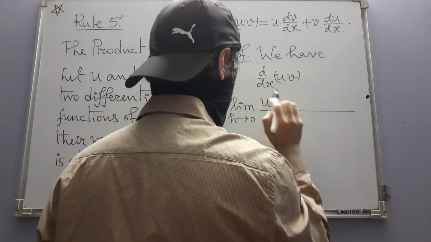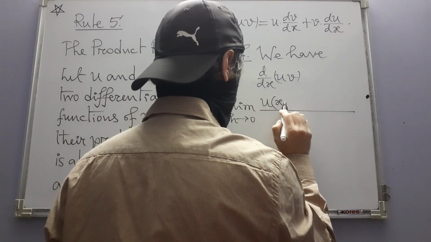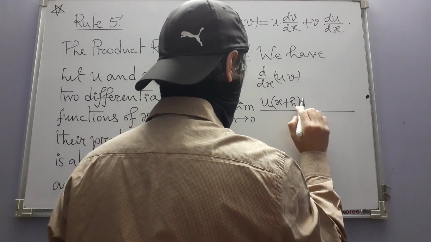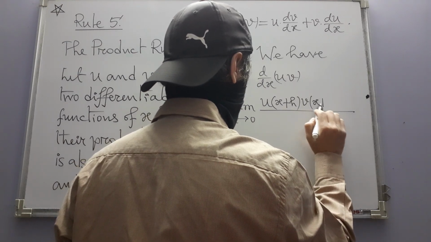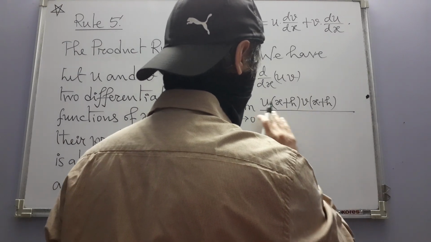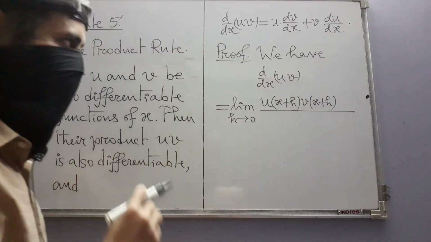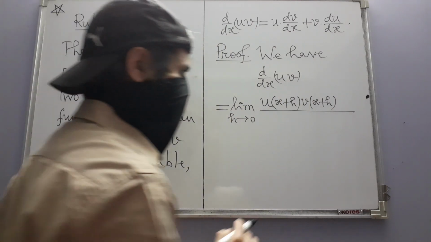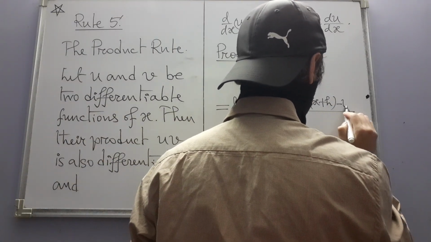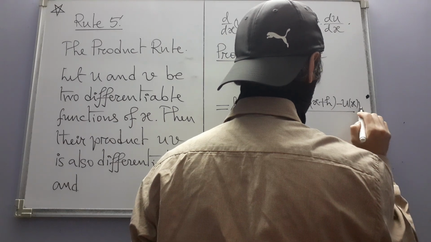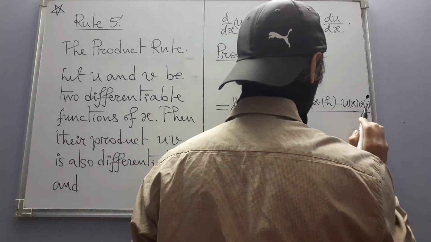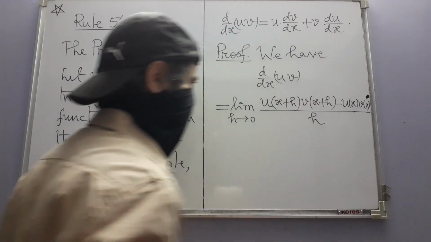So the difference quotient is u of x plus h times v of x plus h. This is the value of the product uv at the input x plus h minus u of x times v of x divided by h.